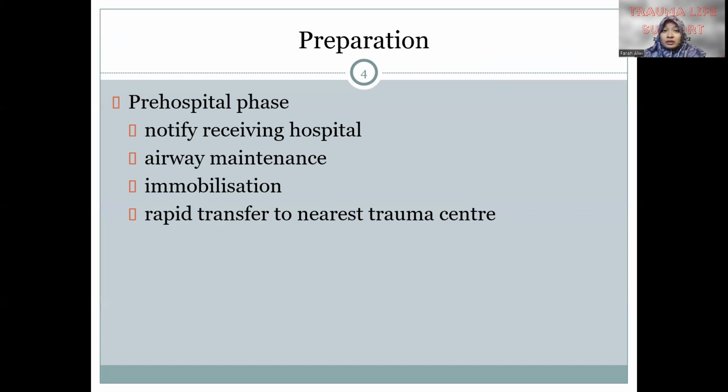Notify the receiving center. Make sure you have your airway equipments ready and your immobilization sets ready. When you have assessed the patient and done the initial resuscitation, we transfer the patient rapidly to a healthcare center.